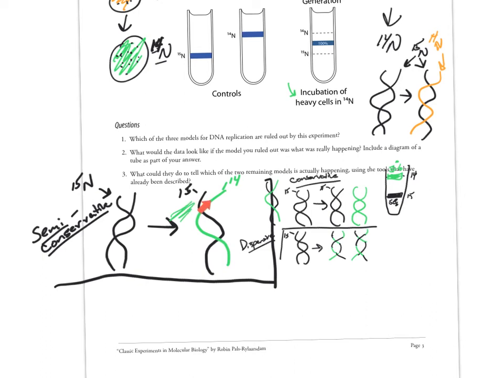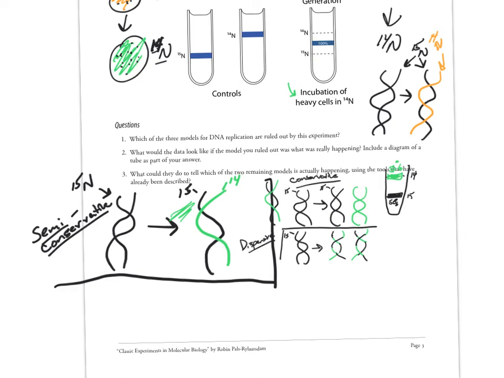They're semi-conservative, so I should find the density of both of these in between 14 and 15, because each is made of one of each. Whereas if we looked at the conservative model, after one replication we would find one heavy molecule and one lighter molecule, and half would be 14, half would be 15, if the conservative model were the case. But it wasn't, because what actually happened was that it was in between, halfway between the 14 and 15.